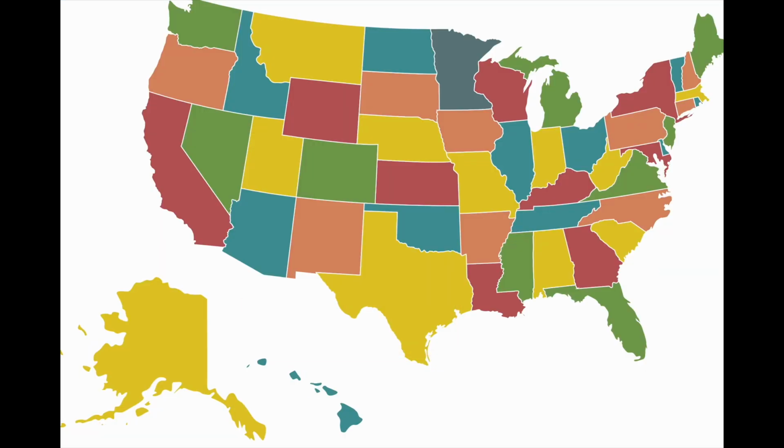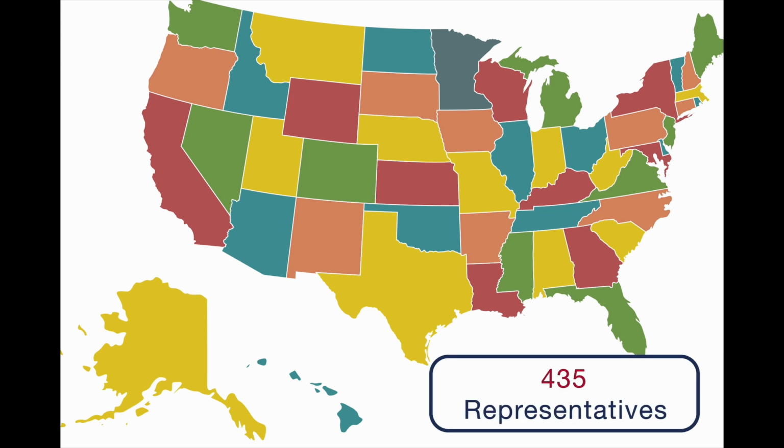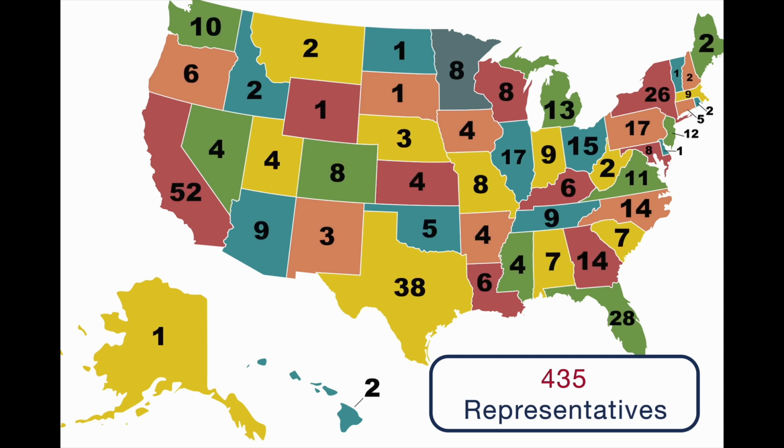The House of Representatives has 435 voting members. Some states have more representatives than others because they have a higher population. They have more people who live there.